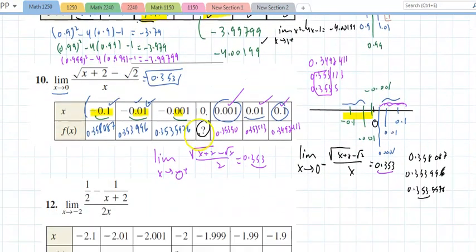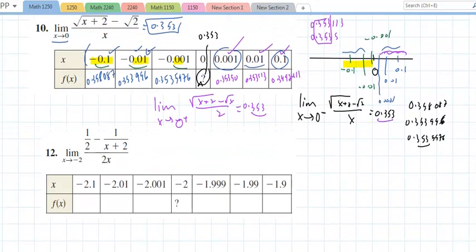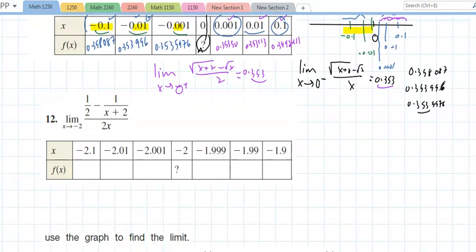Here, we're going to say this question mark right there is going to be 0.353. Those are cluttered. Let me make the next one a lot neater, so I really don't have to make all of this messiness. I look here and I'm approaching negative 2. So it would be wise just to put the number in the beginning, and I'm going to look at the limit as x approaches negative 2 from the left.